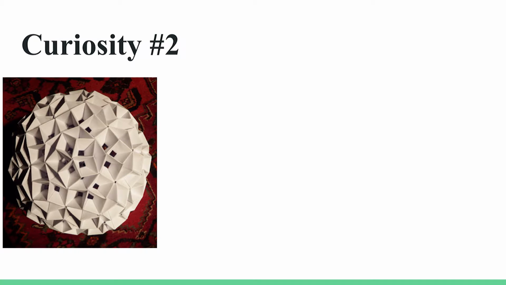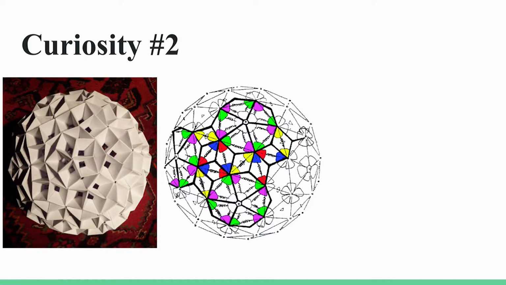Okay, curiosity number two. There was a guy who was trying to make an origami Penrose tiling. Probably a lot of you will know what those are. It's okay if you don't, but he wanted to make an origami Penrose tiling, which is a great big flat pattern. But he found that the paper wanted to curve around. So he was like, okay, why fight it? I'll make a sphere. So he made a Penrose tiled sphere. It so happens that there are virus models based on Penrose tiled spheres.